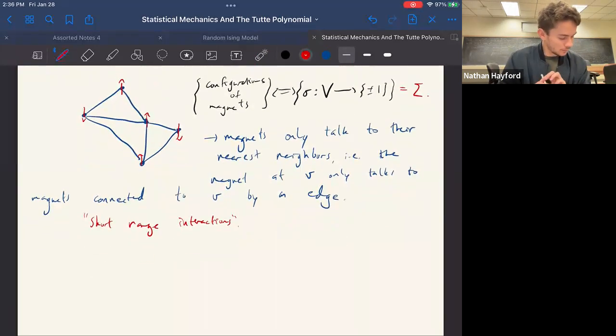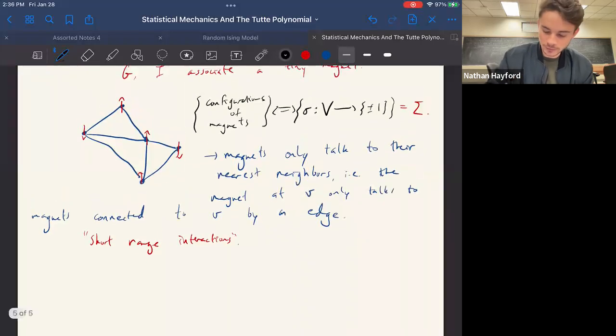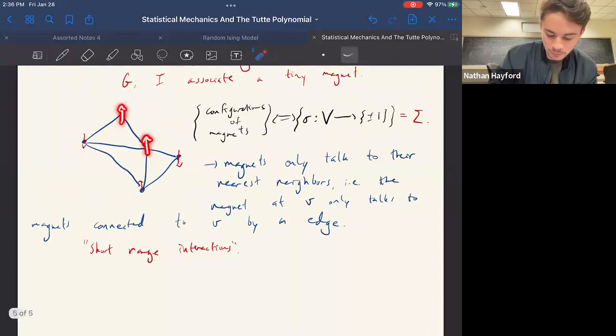Okay, so it's supposed to be a model of a magnet. What do I expect of a model of a magnet? Well, I expect that all of the little magnets would want to align, just like a refrigerator magnet would. So I want them all to point in the same direction.